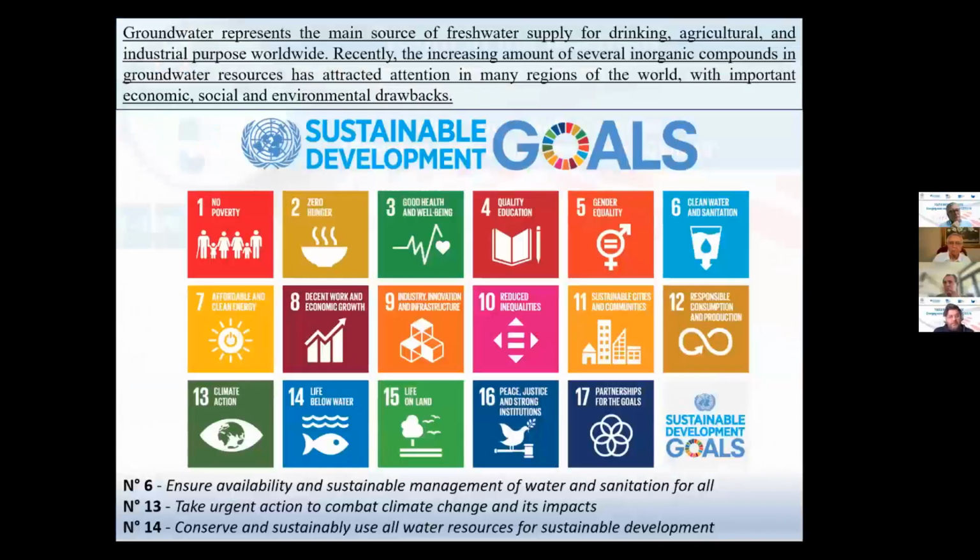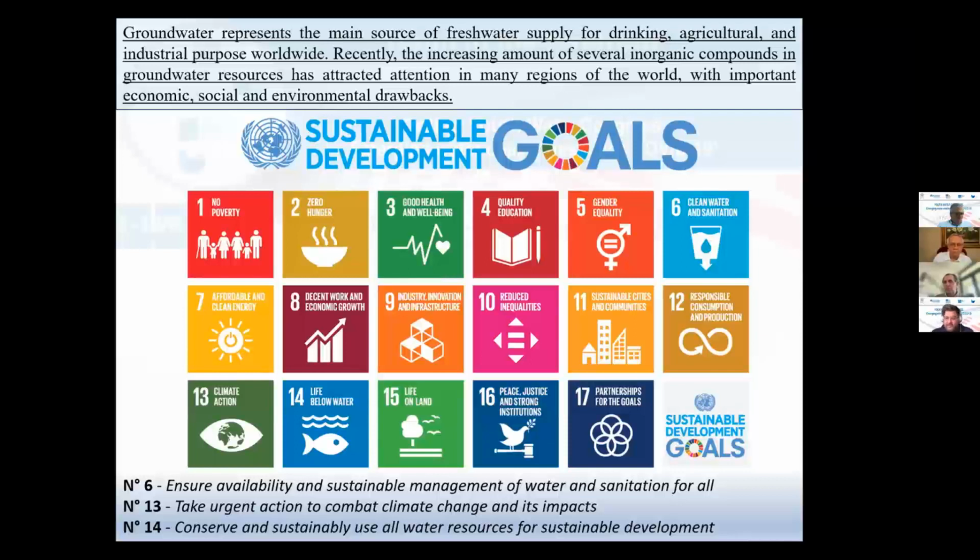So, as we all know, in the last years, unfortunately, several new external compounds have been introduced into the groundwater body, triggering groundwater pollution. This has made this groundwater resource unavailable for human consumption, with many drawbacks from social, economic, and environmental points of view.